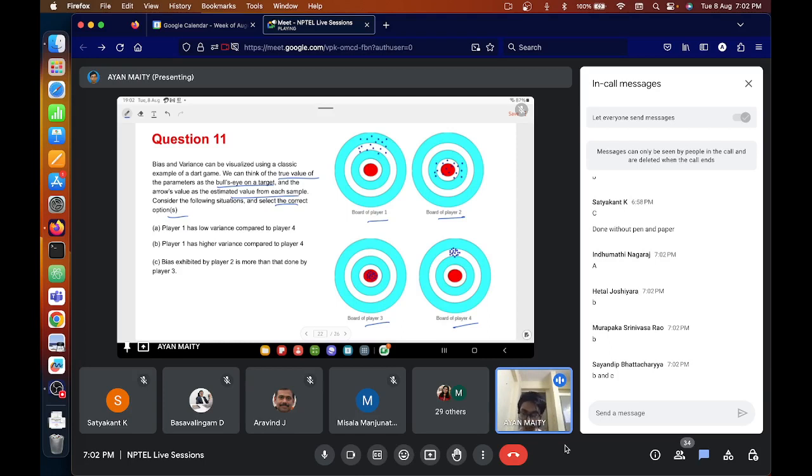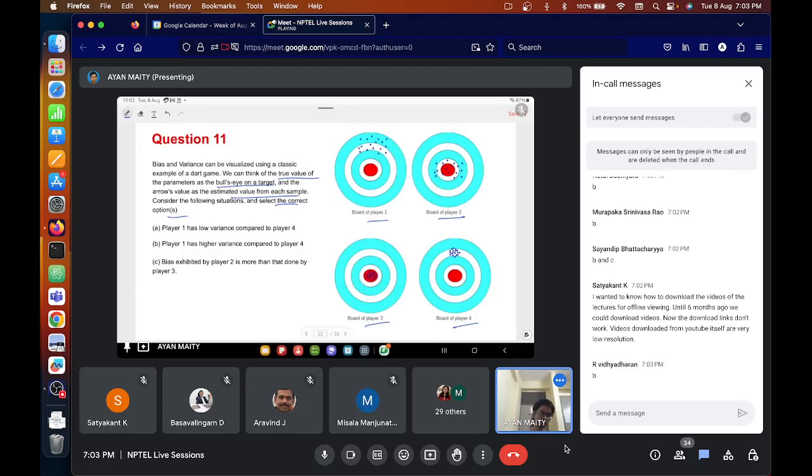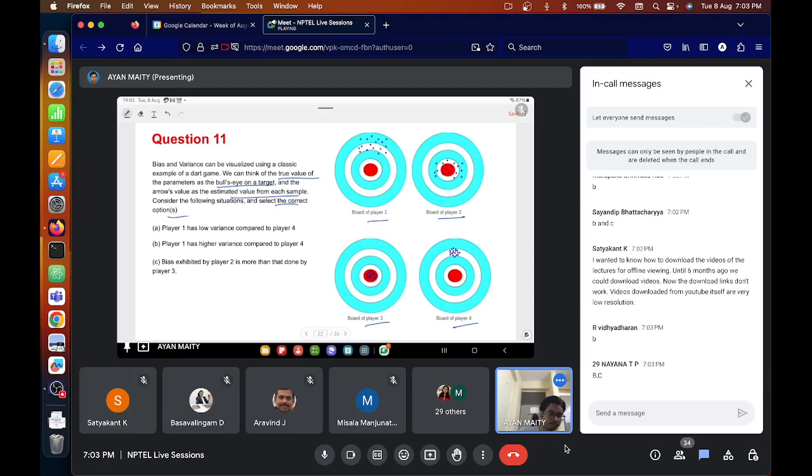Shayandeep is saying option B and C. Vidyadharan is saying option B, Nana is saying B and C. Anyone else?